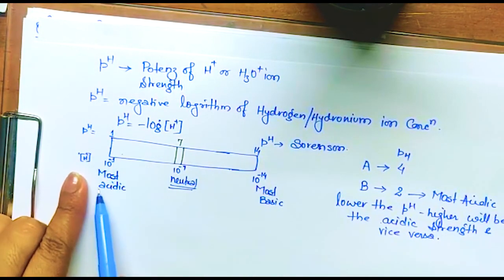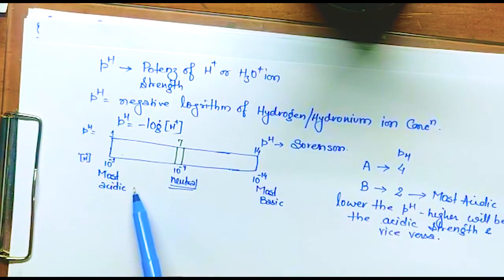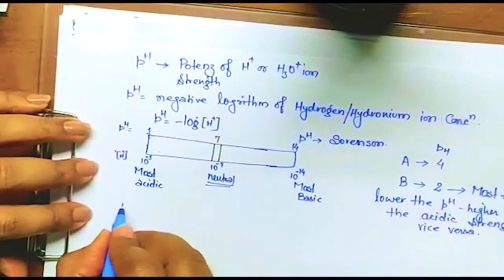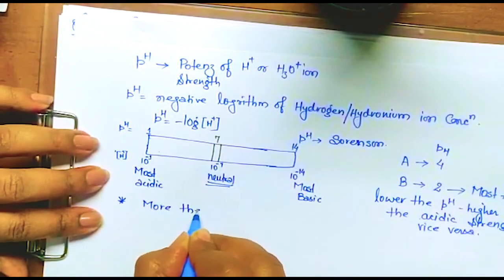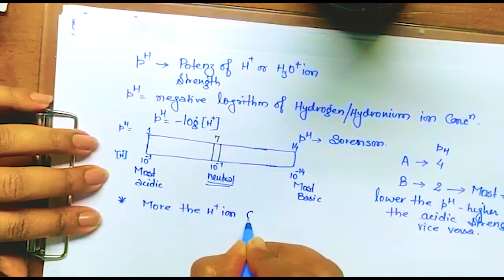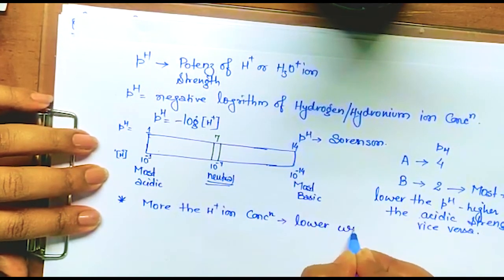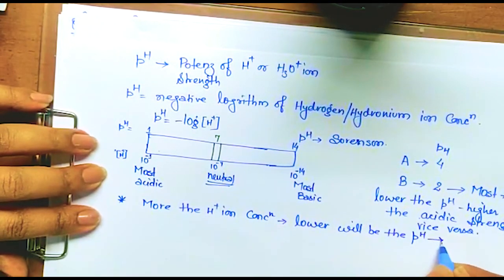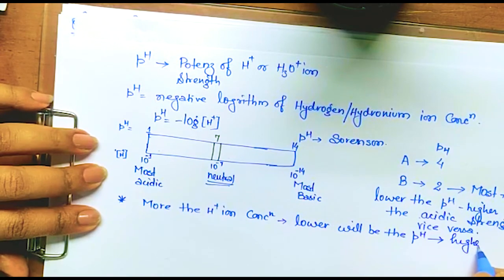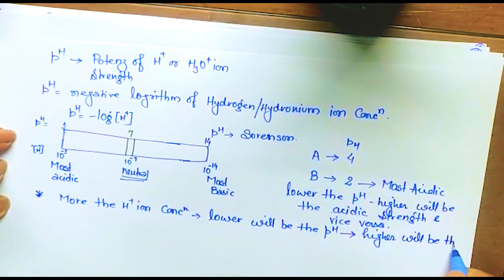So the more the H plus ion concentration, the lower the pH and the higher the acidic strength. Hope it is clear. Is it clear?